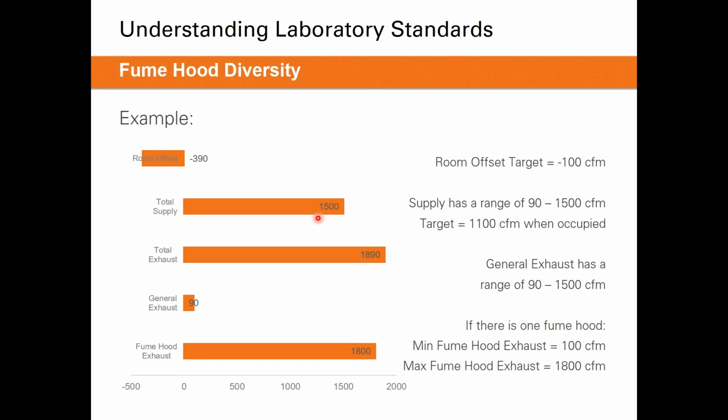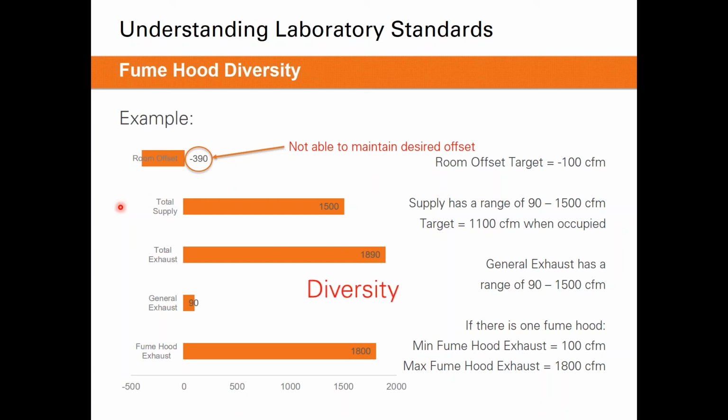Now our supply valve in this case, trying to maintain the room offset, has increased to its maximum value of 1500, but it's not capable anymore of maintaining our 100 CFM offset. So our offset has increased to negative 390 CFM. So we've over pressurized the space.